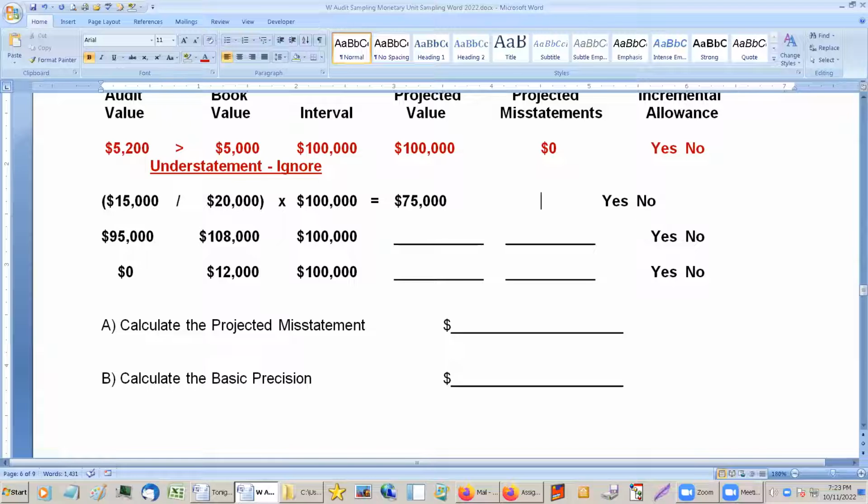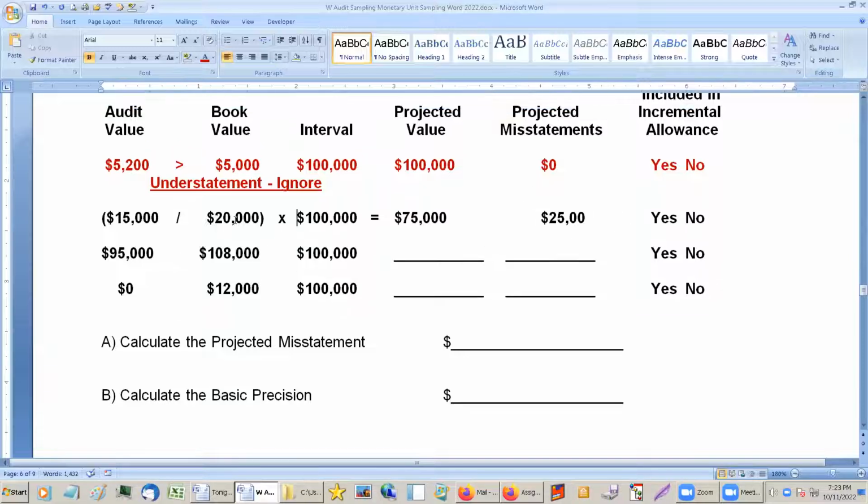Okay, so the projected misstatement on this one would be what? Is it the 75,000 minus the 100,000? Yep. 25? Mm-hmm. Okay. All right.